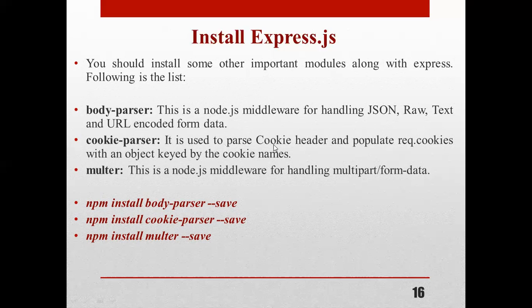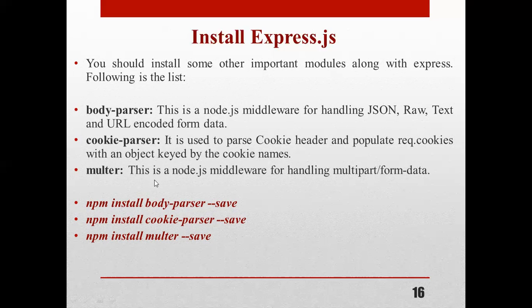It is used to parse the cookie header and populate request.cookies with an object keyed by the cookie names. Then multer is a Node.js middleware for handling multipart form data.